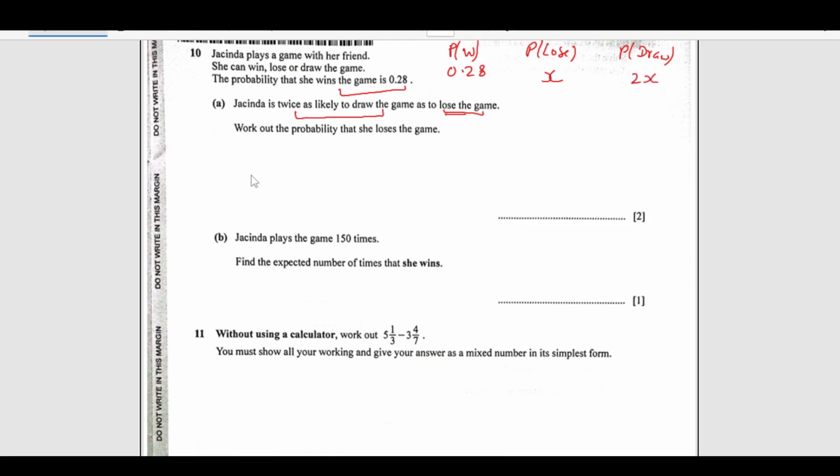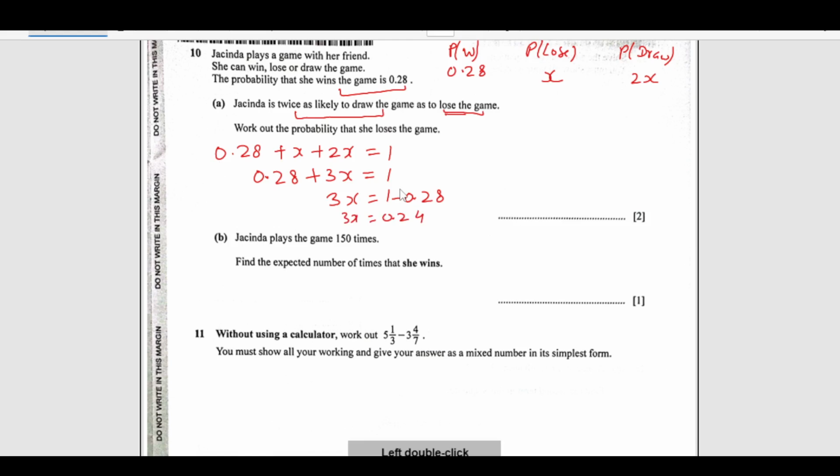So now it's easy, you see the sum of all these should be 1, right. So 0.28 plus x plus 2x is 1. So 0.28 plus 3x is 1, and 3x is going to be 1 minus 0.28, which is 0.72. Sorry, let me rub this one.